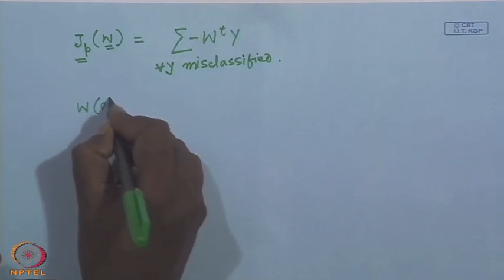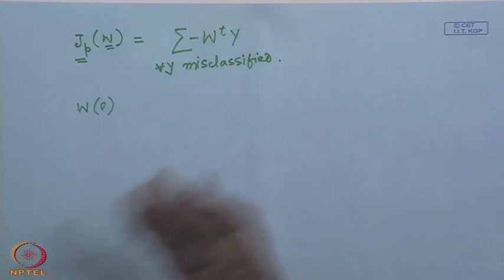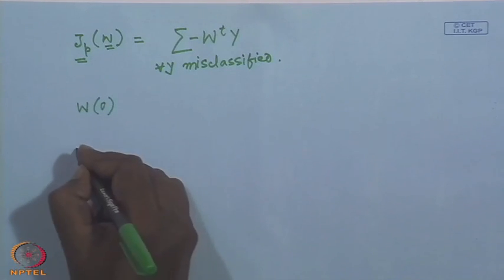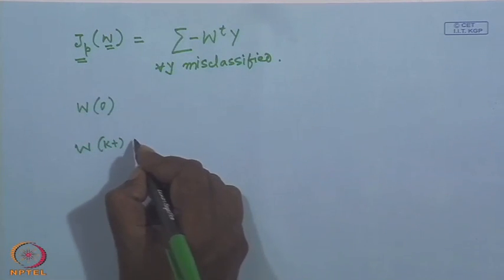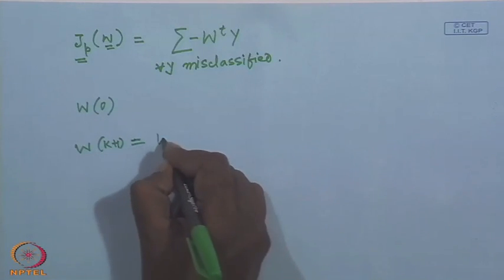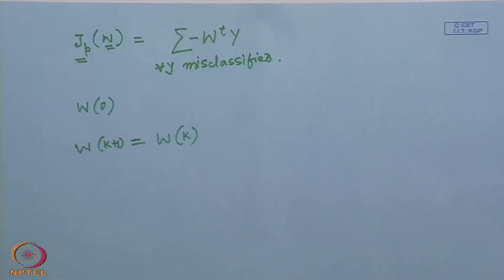Initially you set a weight vector at random, W naught, and then in every iterative step, in the kth iteration, W(k+1) comes from W(k), that is your weight vector at the previous iteration, following the gradient descent approach.